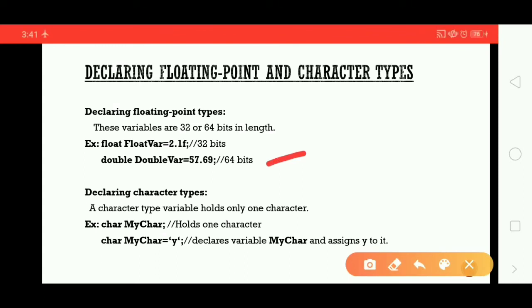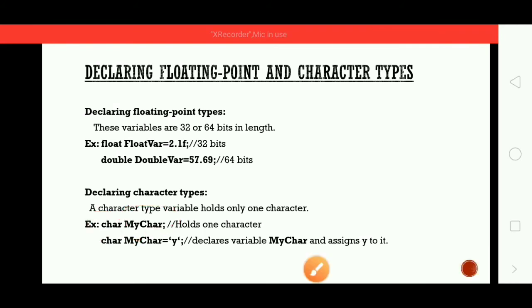Next we have the final one, declaring character types. A character type variable holds only one character. You can observe here how to declare a character type variable. Char is my data type, my char is the variable name.